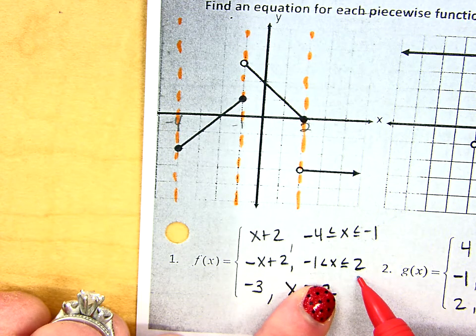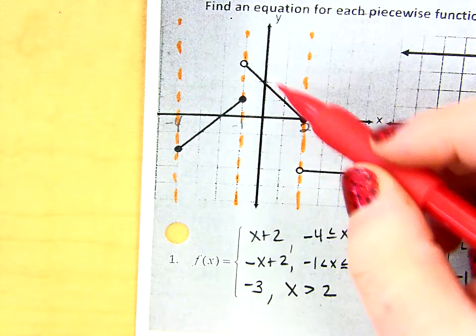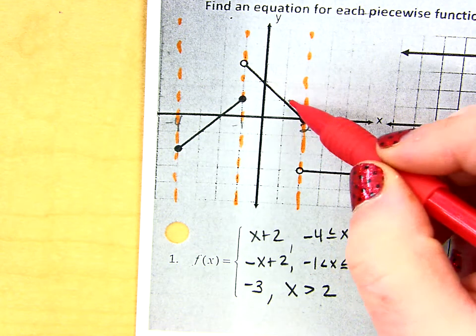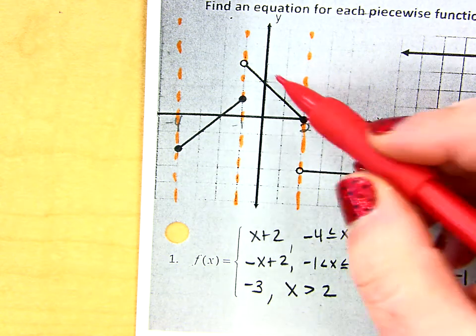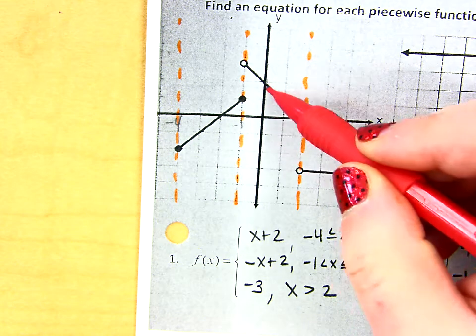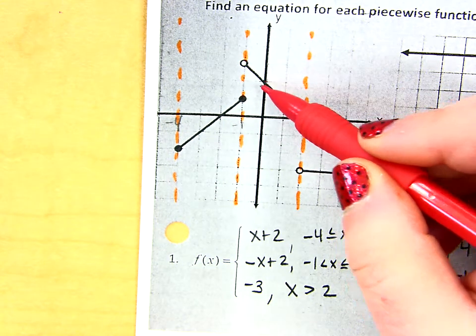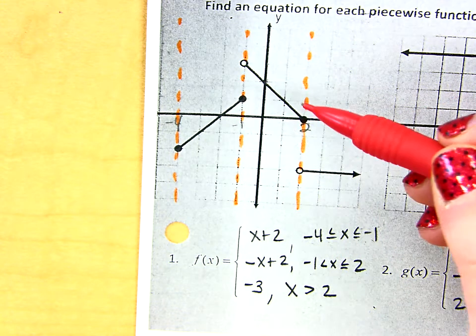Okay, so there's my boundary, and then again, I just have to come up with the equation. Let's start with the slope. Ooh, we got lucky again. This slope is nice and easy. It's just -1, because I'm going down 1 over 1. And this one just so happens to cross the y-axis at 2. So this equation has got to be -x plus 2.